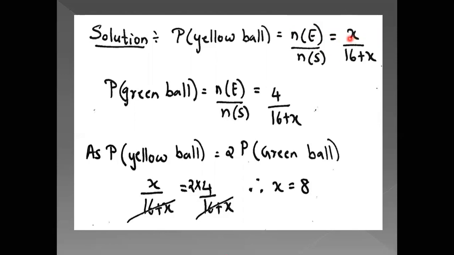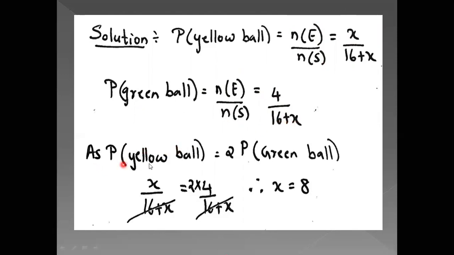So x possibilities out of the sample space 16 plus x. And the probability of drawing a green ball is number of events upon sample space. The number of events for green ball, as you can see, is 4, so 4 possibilities out of 16 plus x.